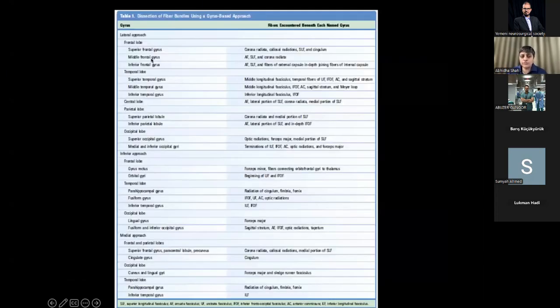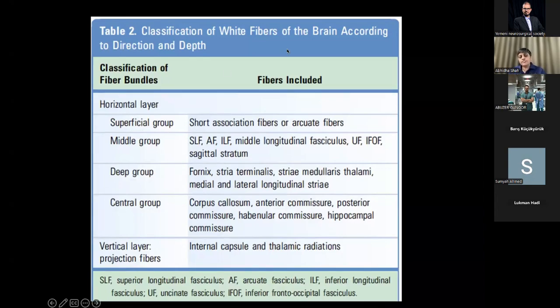So in this paper, we identified the white fibers that will come underneath each gyrus. If you look at the superior frontal gyrus, these are the fiber bundles that will come. So we dissected the whole brain in that aspect, identifying which fiber bundles will come in the way. And then we classified the white fibers of the brain according to their direction and depth.